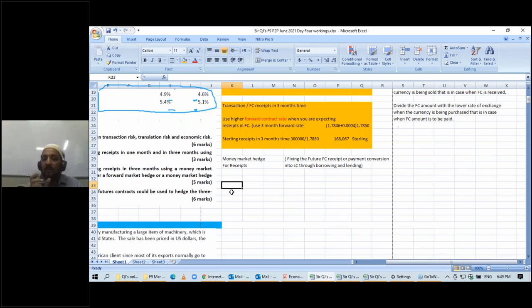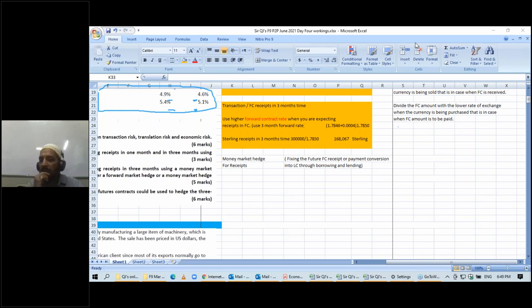So if you are going to receive foreign currency in 3 months time, the tip is that obtain foreign currency now. Now obviously the customer won't pay you 3 months before. You are expecting after 3 months time. So the tip is that borrow foreign currency now.